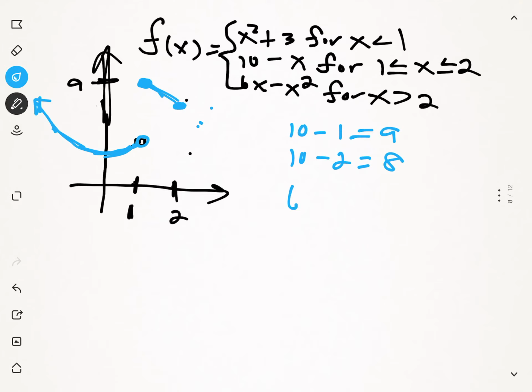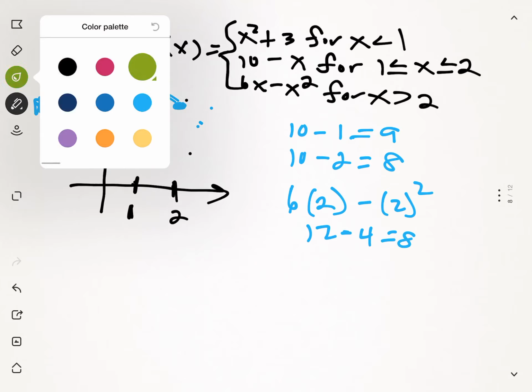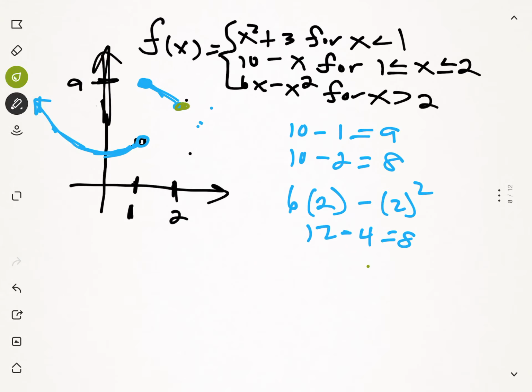So we're going to do 6x minus x squared, and I'm going to put 2 in, 6 times 2 minus 2 squared. So I get 12 minus 4. So that's 8. So that piece, I'll just highlight it in another color. Start there.